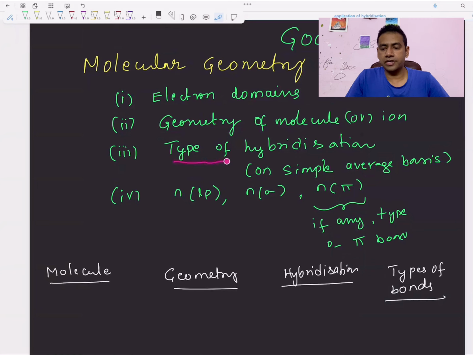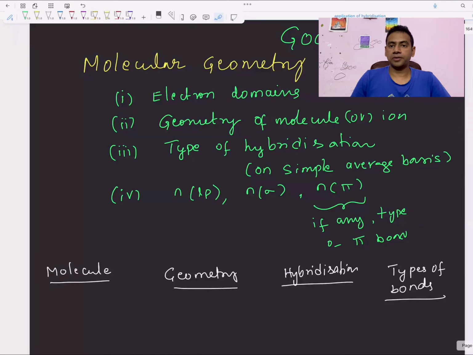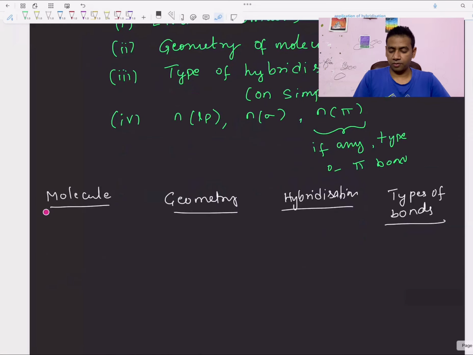We also discuss hybridization and we count the number of lone pairs, sigma bonds and pi bonds, the type of the pi bond, and where the lone pair is located. All these calculations we are going to do today. So take the heading: molecule, geometry, hybridization and the type of bonds and how they are formed.